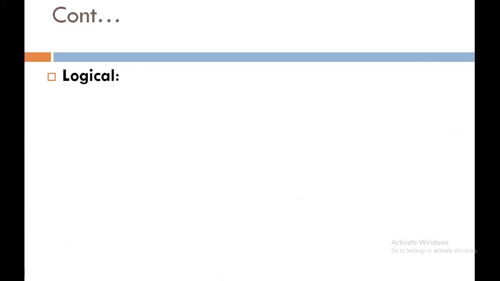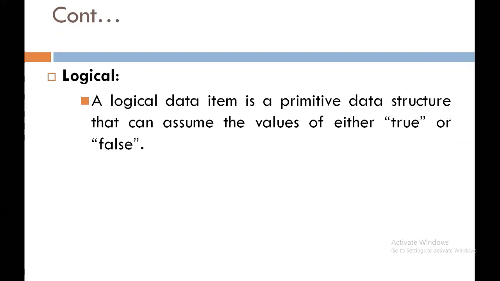Next type is logical. It is a primitive data structure that can assume mainly two values, either true or false. It is just like a Boolean data type. Now next is pointer.